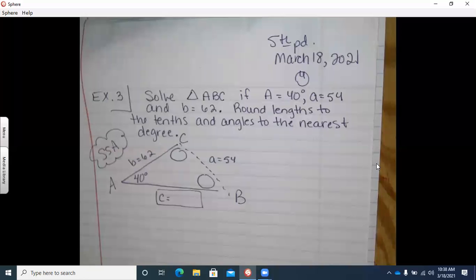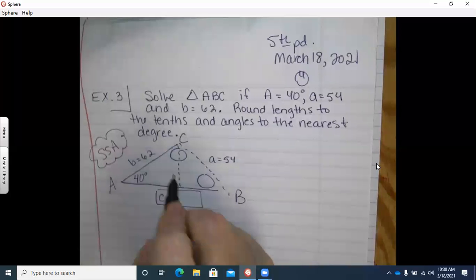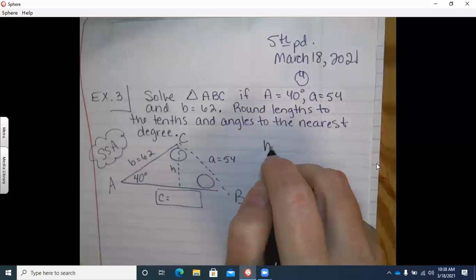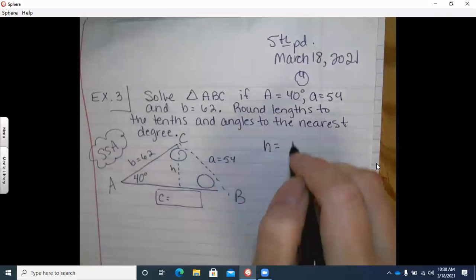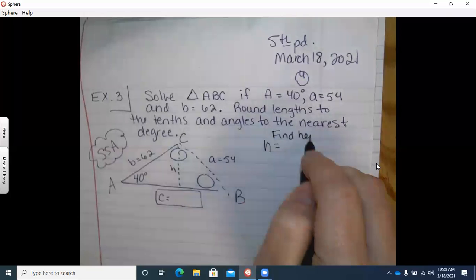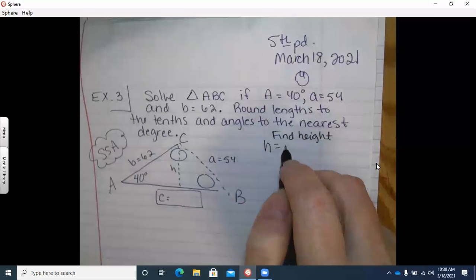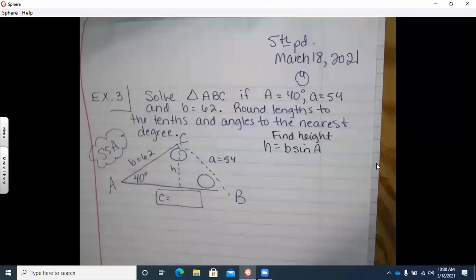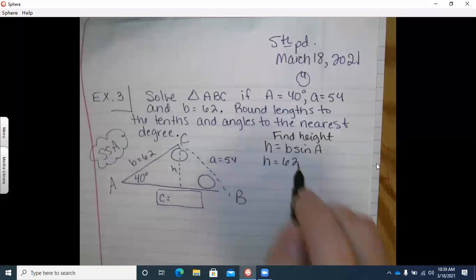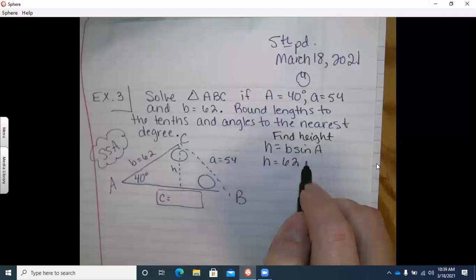And to do that, first of all, we need to figure out the height. And we learned last class, to find the height, you do b times the sine of A. And b is whatever leg that's not across from the angle you know. A is whatever angle you're given, right? It's not always going to be labeled triangle ABC. So that would be 62 times the sine of 40 degrees.